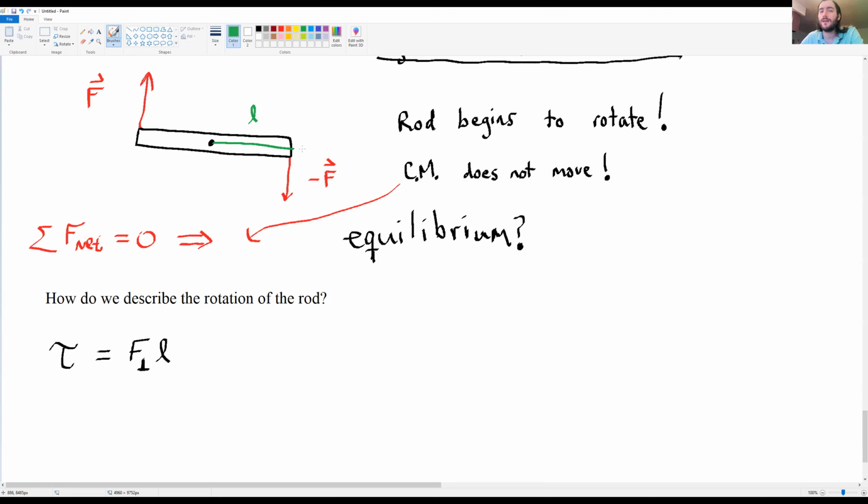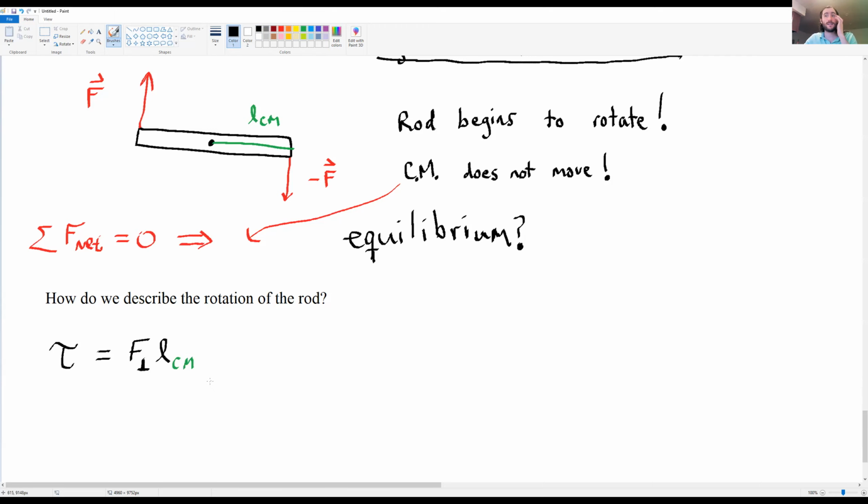It could be the distance from any point to where the force is applied, but it's so much easier to calculate the torque if you measure the distance from the center of mass. So that's how I'll focus on showing you what to do here. We're going to focus as if L is measured from the center of mass, so we can maybe subscript that for now. We need the force to be perpendicular.